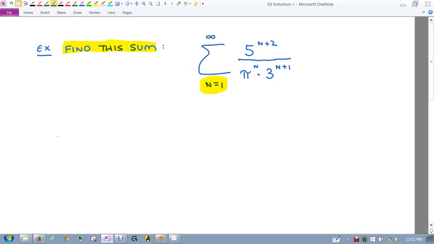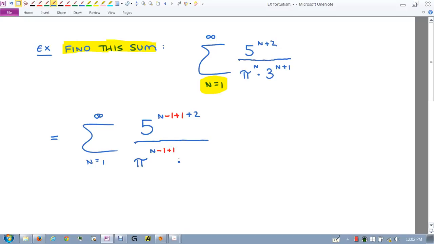So now I begin rewriting it. I'm going to make 5 to the n plus 2 into 5 to the n minus 1 plus 1, but I still had plus 2 up there. I'm going to do pi to the n. I'm going to take away 1 and add 1.